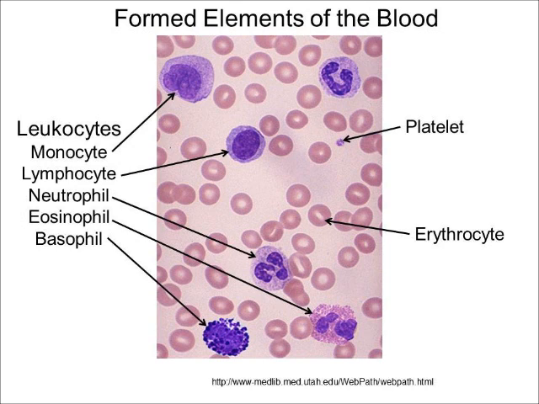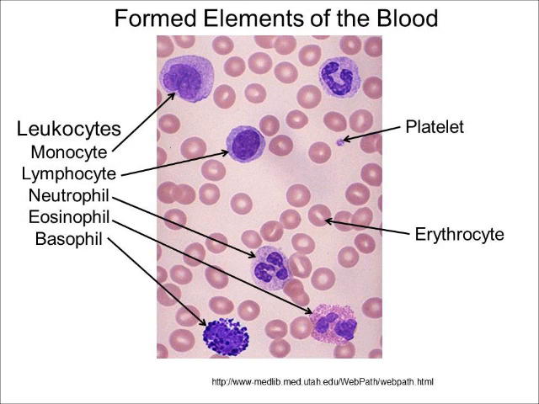Now, all of the leukocytes are involved in one way or another in immune surveillance of the body. That is, they help protect the body against infection. Now, there are a couple of features I would like to emphasize. First, the 3 leukocytes shown on the bottom here, that is the neutrophil, the eosinophil, and the basophil, all have small granules in their cytoplasm, and for this reason they are also referred to as granulocytes.